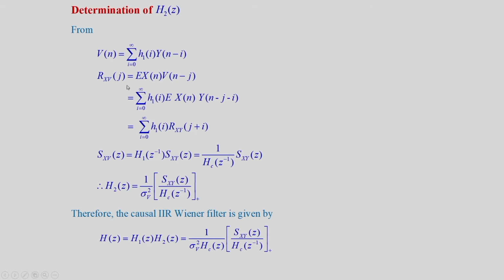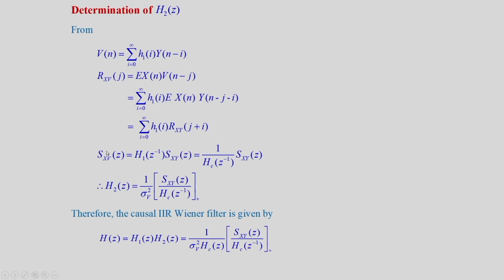So, therefore, rxv of j will be equal to summation h1 i into E of xn into y n minus j minus i, i going from 0 to infinity. That will be equal to summation h1 i into rxy of j plus i, because E of xn into y n minus j minus i will give me rxy of j plus i.